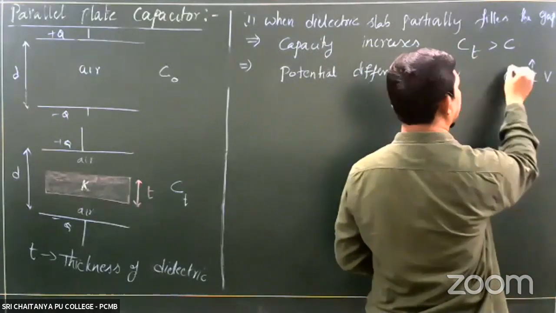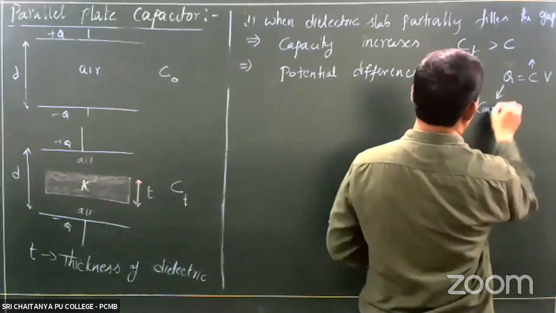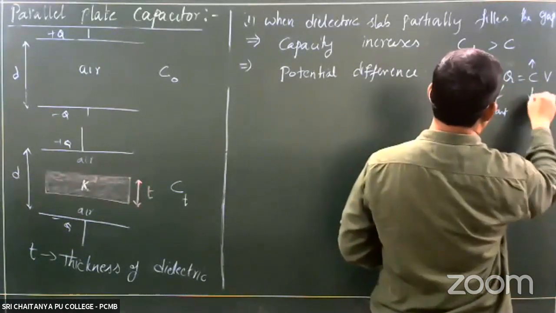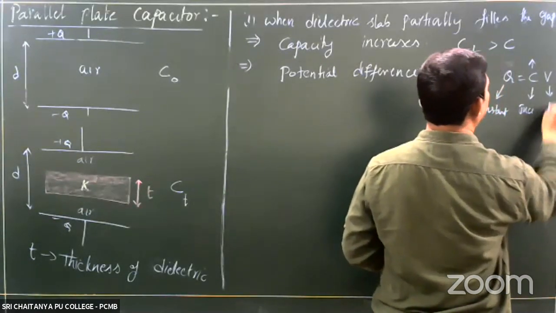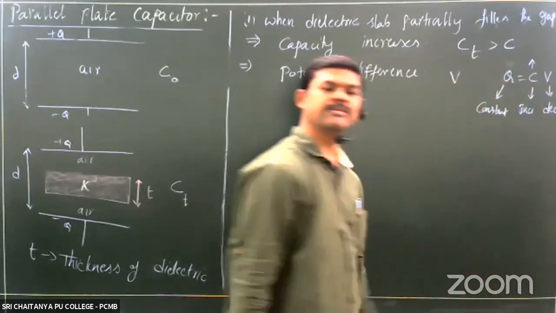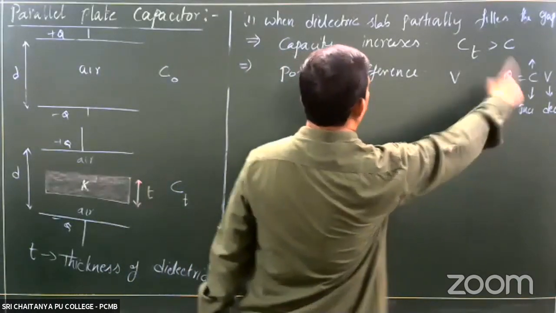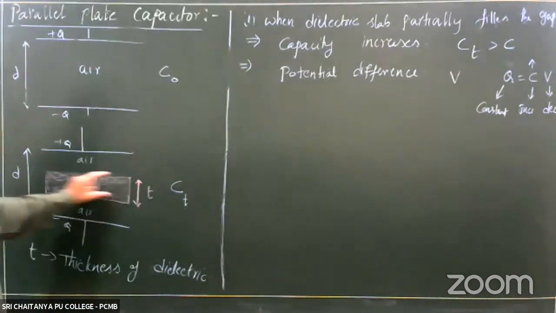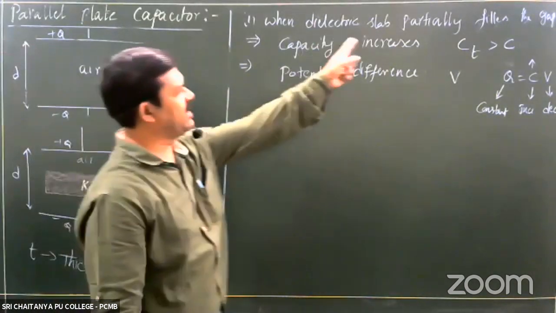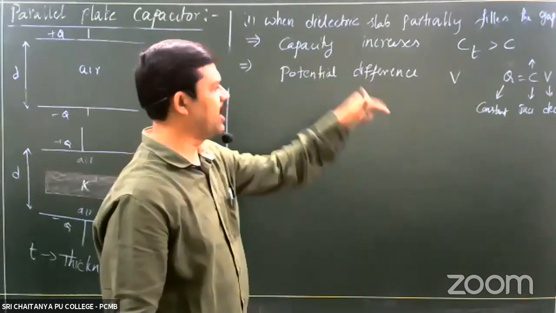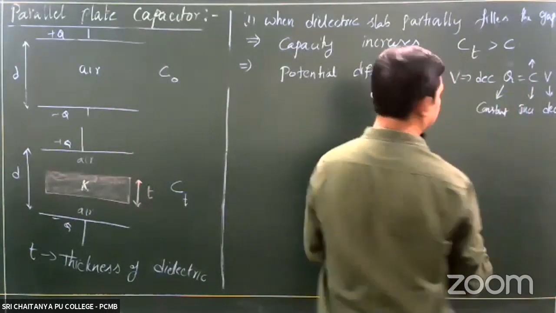Charge remains constant, but capacity is increased. What happens to V? It decreases. Remember this. Whenever a dielectric slab is introduced between the capacitor plates, capacity increases, potential difference decreases.